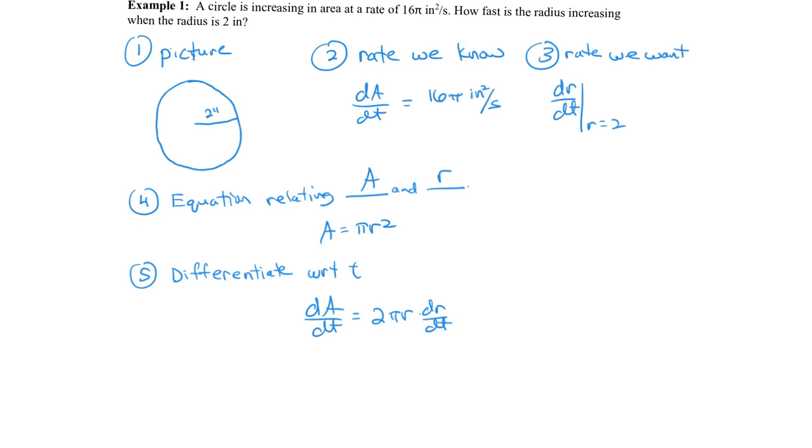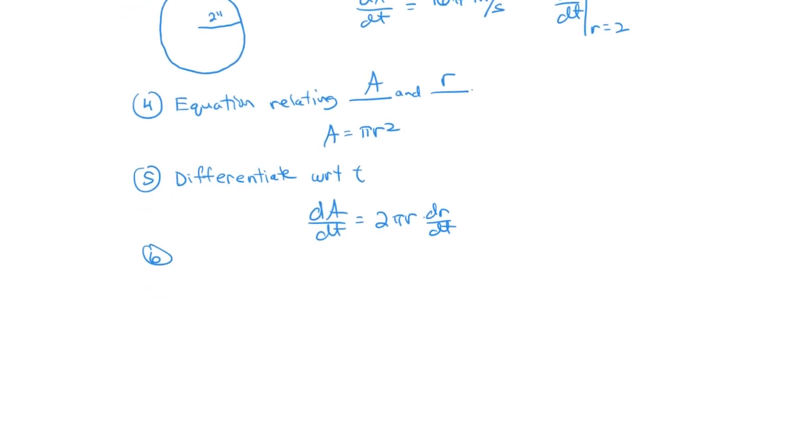Okay, so once step 5 is done, the final step, step 6, once we have this, we substitute known values and solve. So what we're talking about is this.